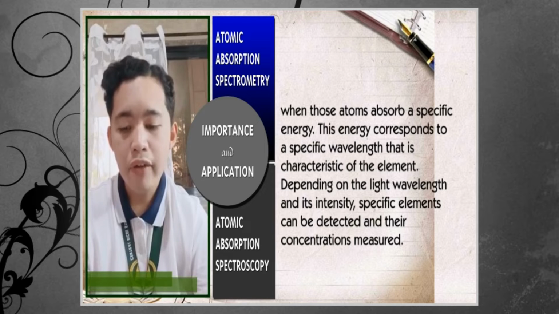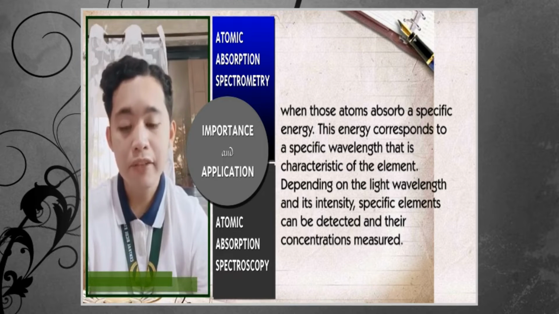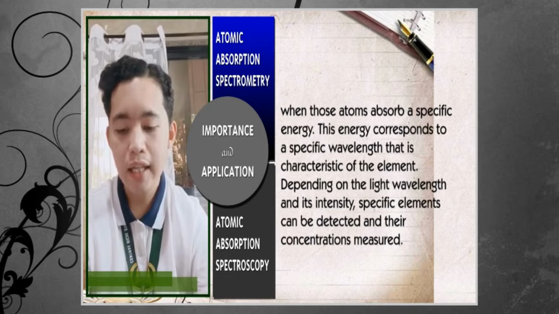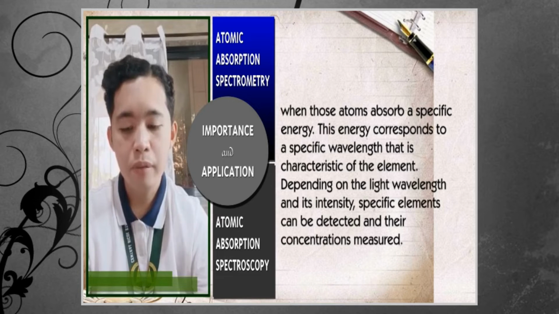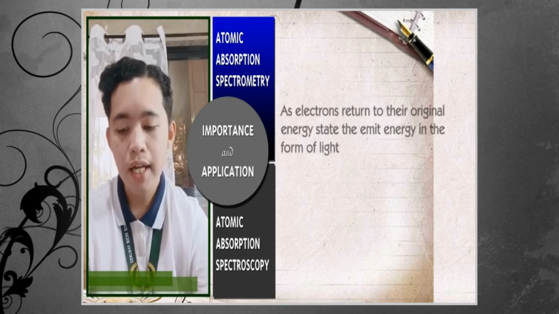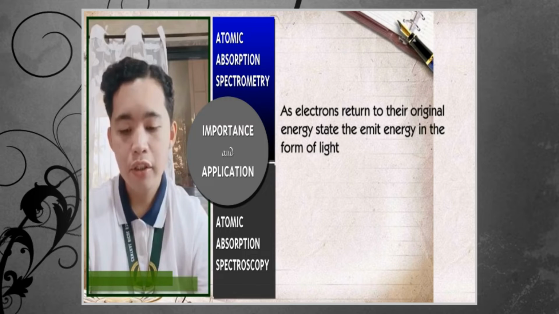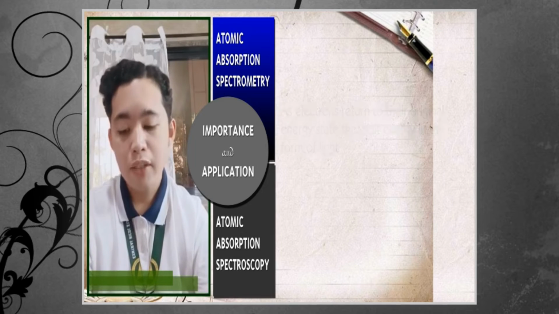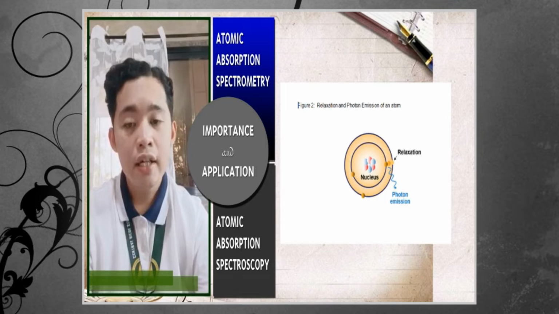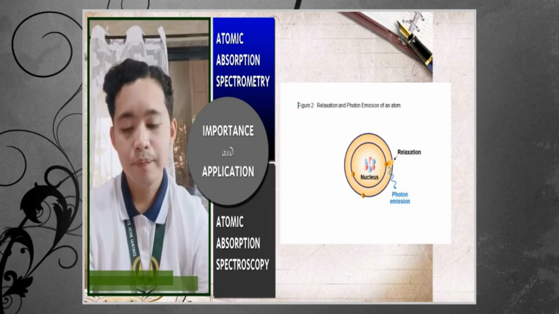Depending on the light wavelength and its intensity, specific elements can be detected and their concentration measured. As electrons return to their original energy state, they emit energy in the form of light, as we can see in this figure number 2.